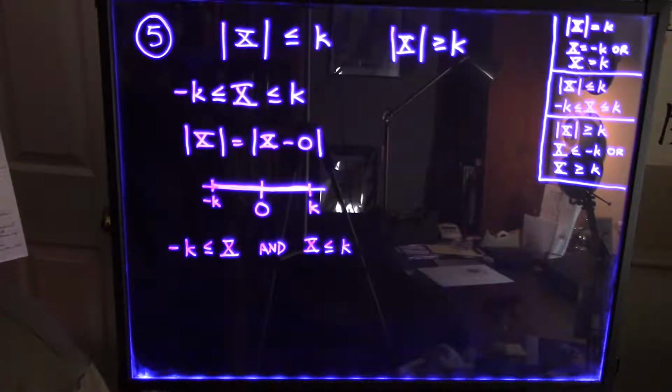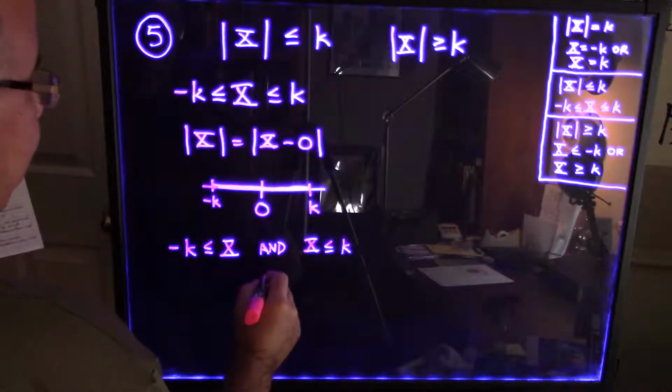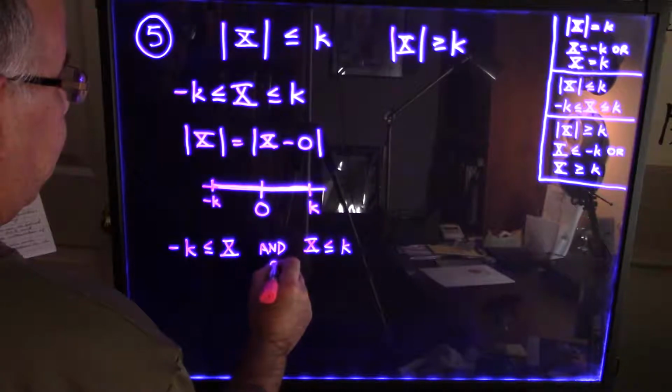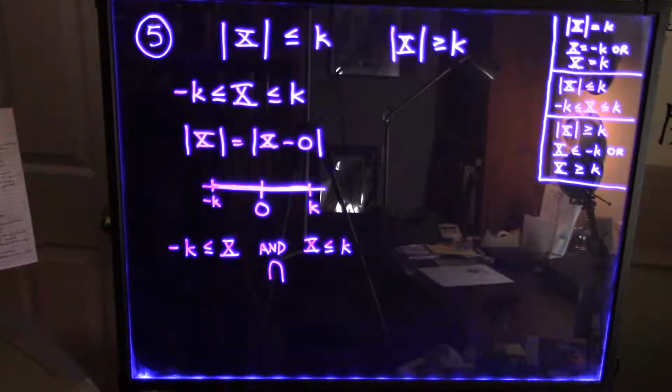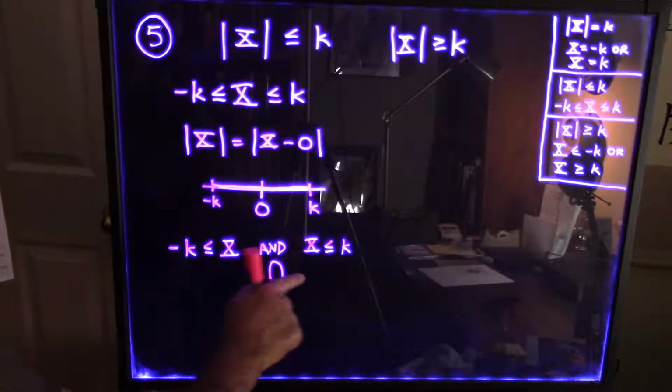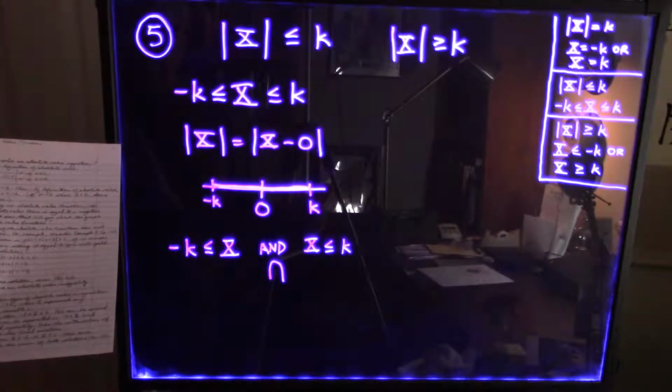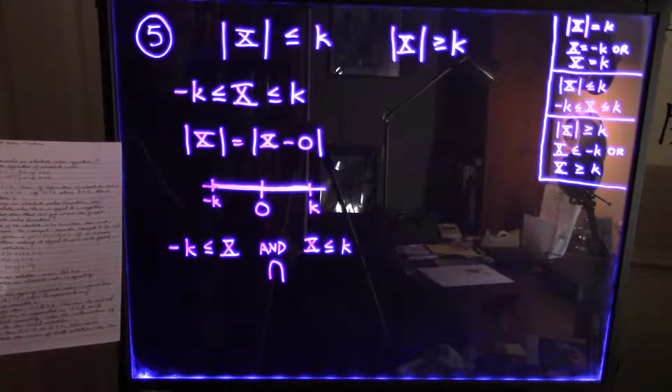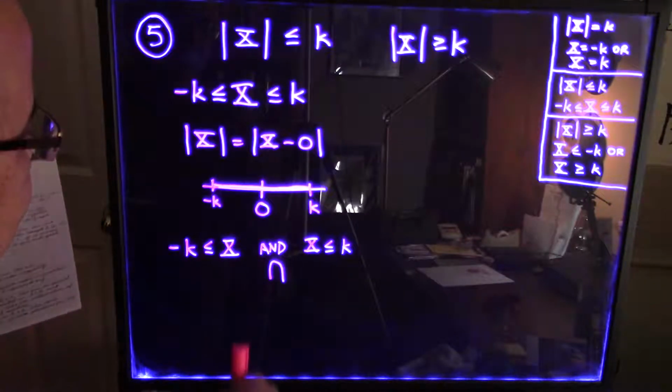Then you solve those separately, and then you take the intersection. That's what the and means. What do they have in common? What do the two solution sets have in common? That's what you would use, the intersection. So that would give you the final answer.